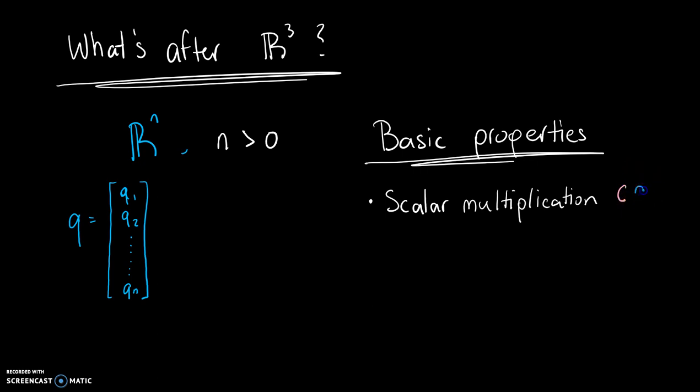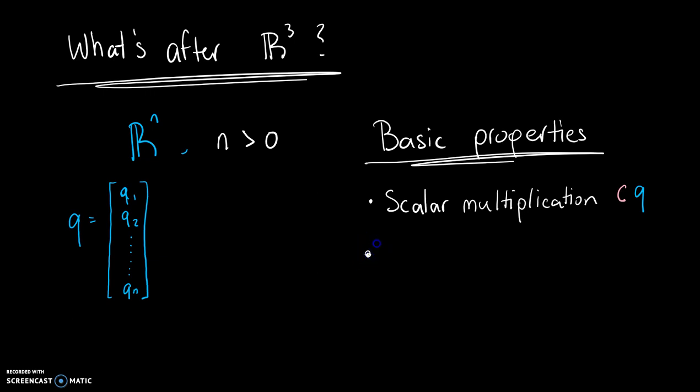I'll go ahead and use q just so we're being consistent with this n-dimensional space idea. We can take any constant c, any real number, since we're dealing in real number space, and multiply it by our vector, and we can just push that through to each corresponding element, like we saw in the first video.